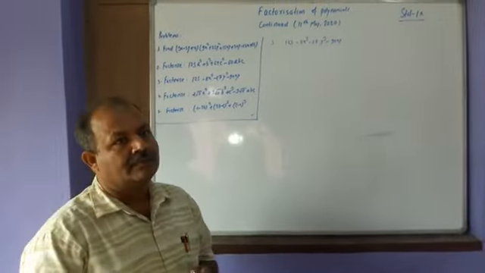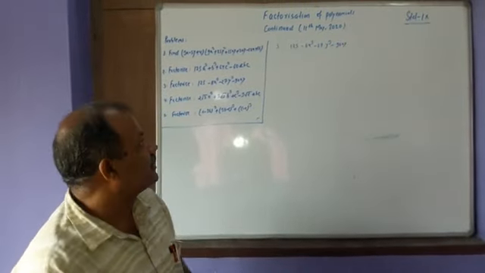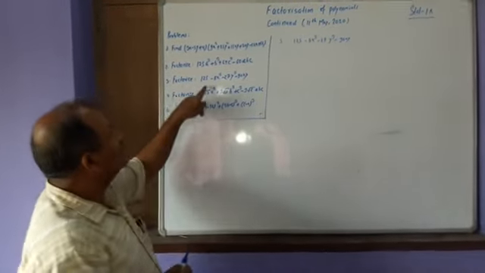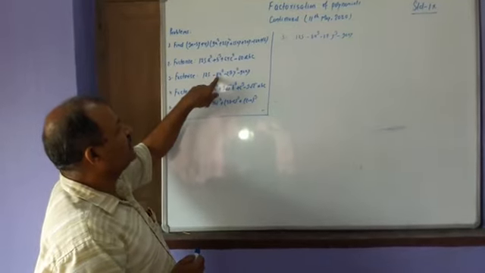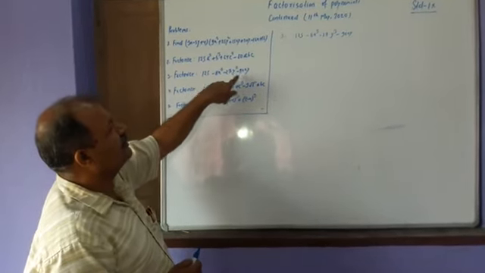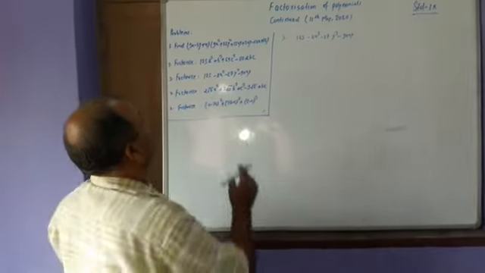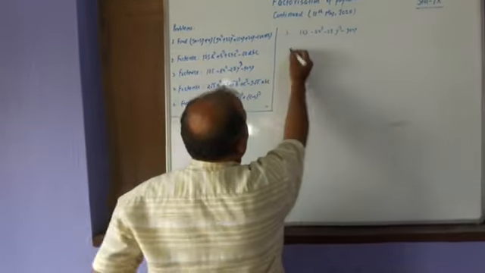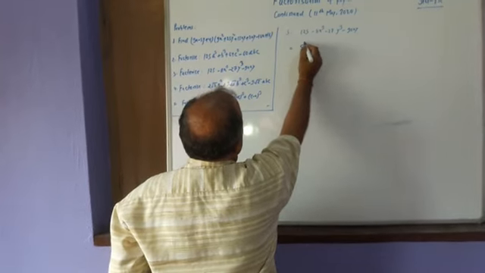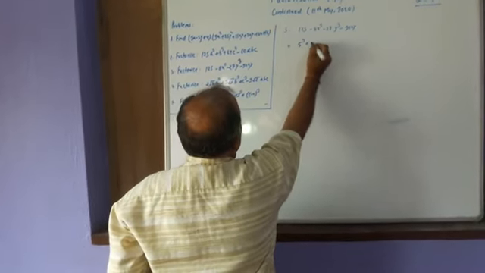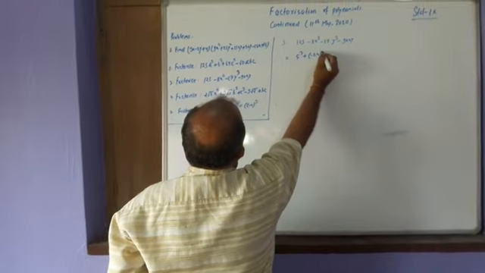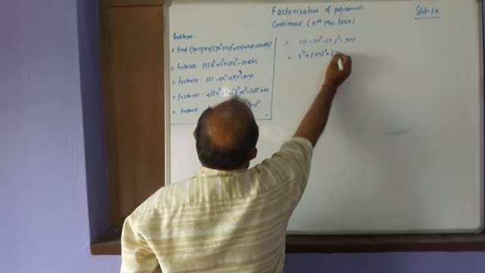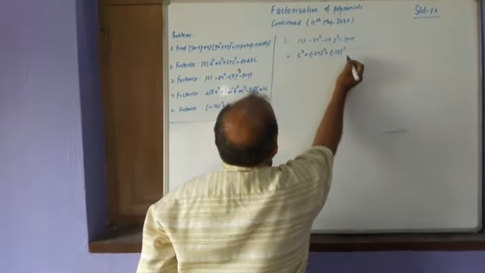Okay? Let us start with the third problem, which is 125 minus 8x cube minus 27y cube minus 90xy. Here, this is the cube of 5. This is the cube of minus 2x, and this is the cube of minus 3y.